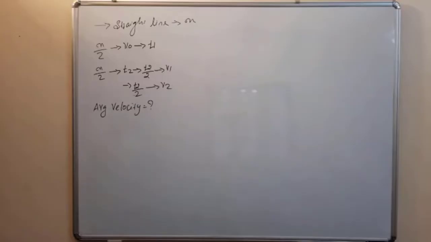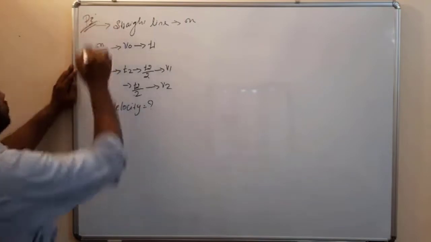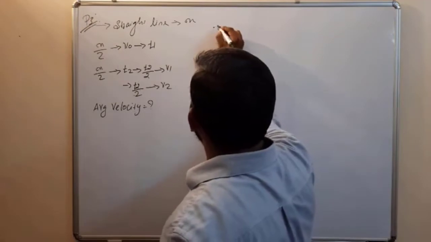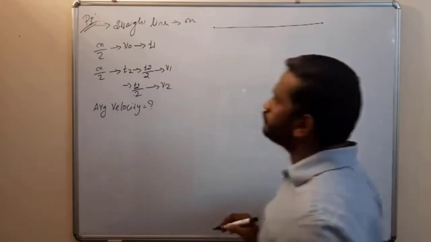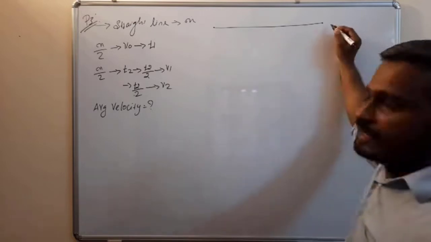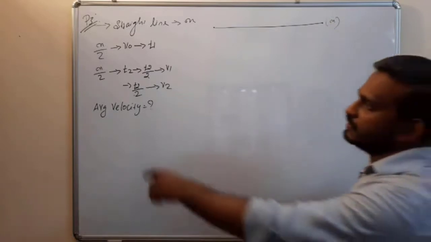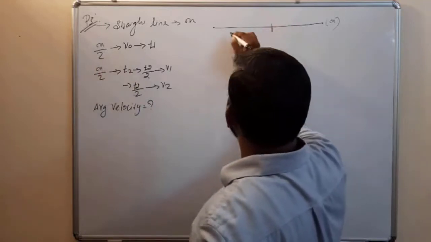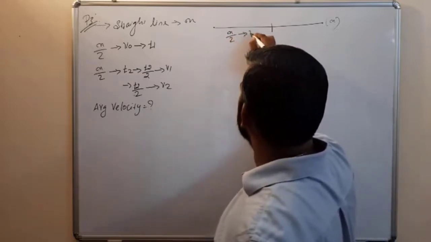So it is given in the question. An object is moving in a straight line. So we consider the distance as x. What is given? Half of the distance, that is x by 2, is moving with the velocity v0.